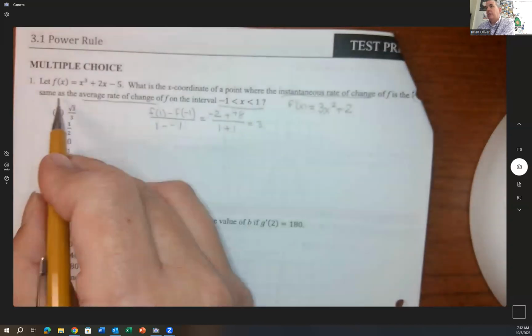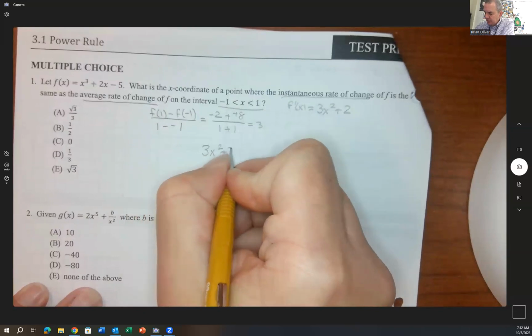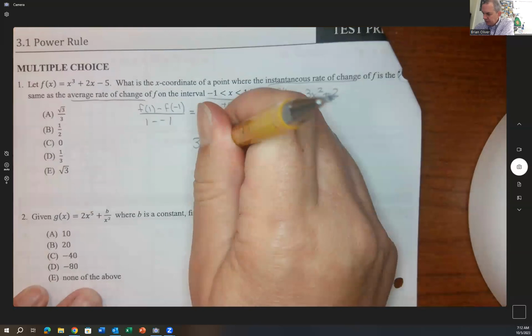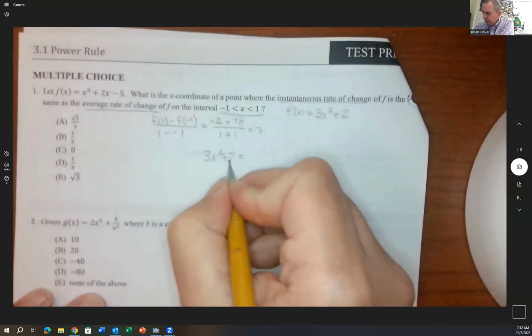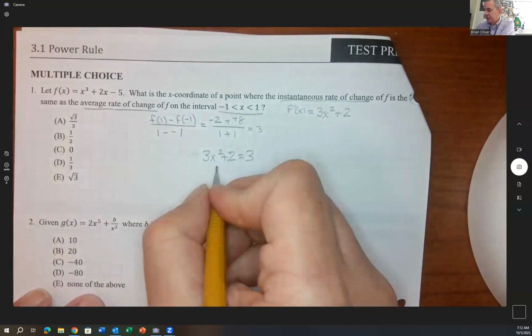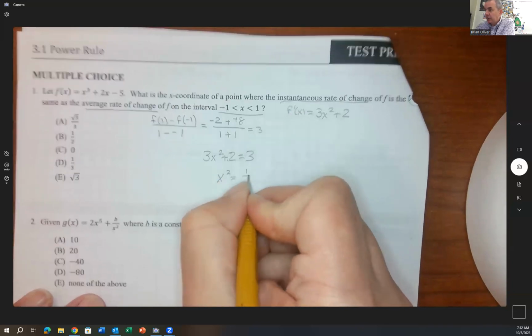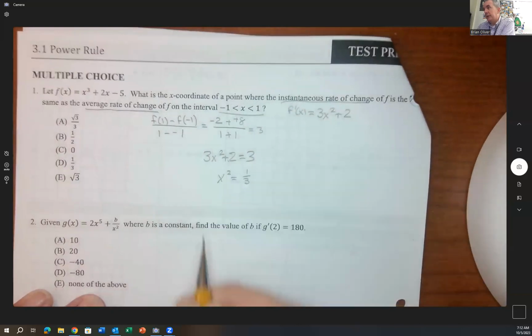And it says the same as. So when we're saying the same as, we're going to do 3x squared plus 2 equals 3. And then we're going to do algebra. This simplifies to x squared equals 1/3. Subtract 2 from both sides, divide by 3.